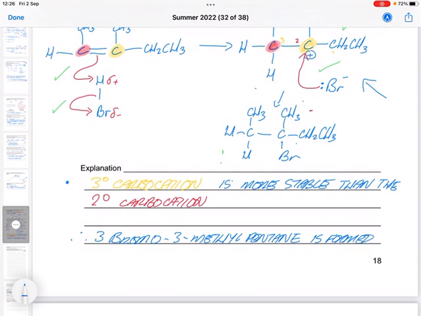As this is made, a good word to use here is via, that means through the route, via the tertiary carbocation. Okay, so there's your final 2 marks for that question there.